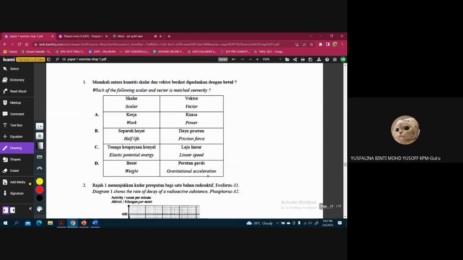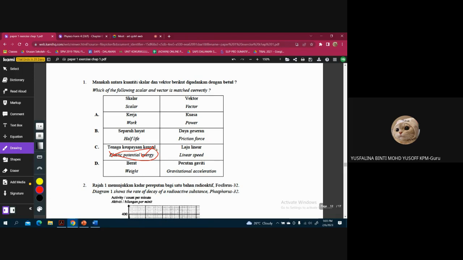Which of the following scalar and vector are matched correctly? So this is not scalar, no. Energy, so this is a scalar. Vector, linear speed, no. Work Fs, half-life, frictional force. Half-life, we don't have a direction.